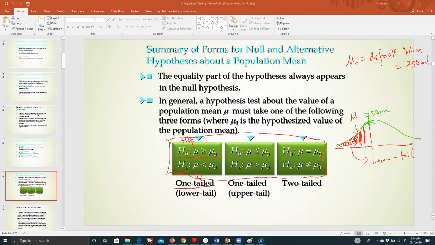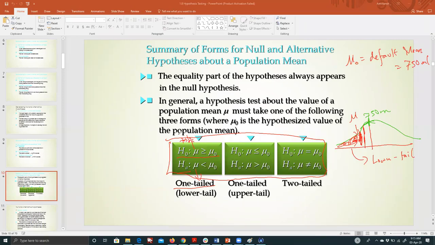So you are assuming the tool would be exactly 5 centimeters or slightly less. That's the default. But you say no, the tool has not been manufactured properly and it is actually greater than 5 centimeters in length. That is again a one-tailed example, because only the upper matters to you, that it cannot be greater than 5 centimeters, otherwise it would not fit inside. So that's an example for one tail, but it's an upper tail problem.